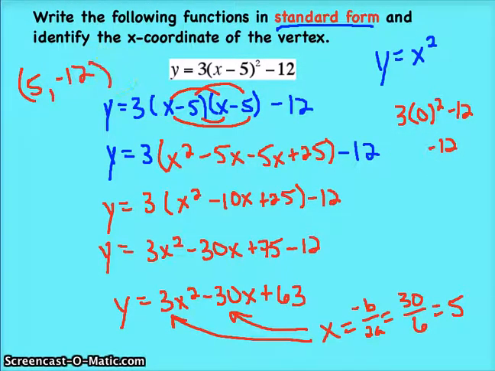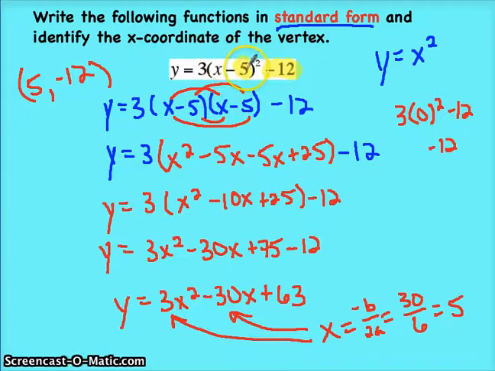Now the big thing we want to recognize from there, and the reason we did all that work, is that if we look at our original equation, you might notice that 5 is just what's inside of our parentheses, and negative 12 is what's being subtracted on the outside. That goes to what vertex form really gets us. Remember that subtracting inside of our equation is a shift left or right.